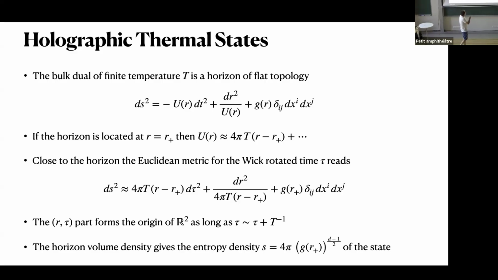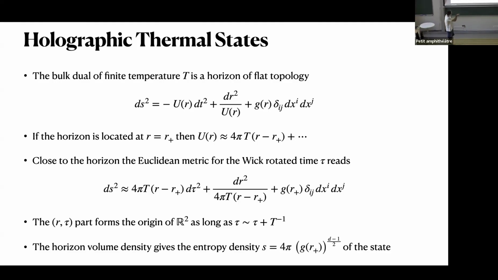Now, if the horizon is located at r equals r plus, and you take the Euclidean version of this metric, you will find something like this very close to the horizon. And remember, I have performed a Wick rotation. I called the Euclidean time tau. And this time is actually the field theory time. So if I move to the boundary, this t is the field theory time.